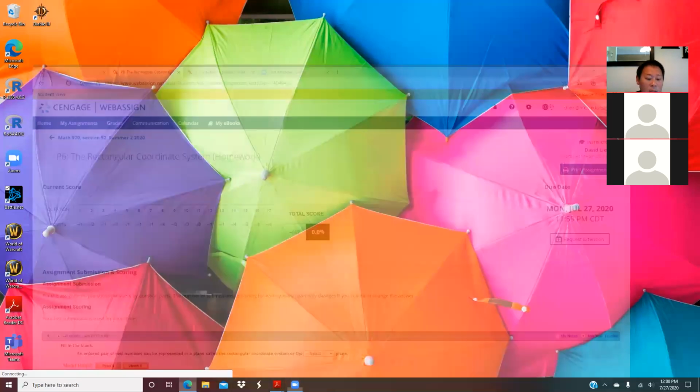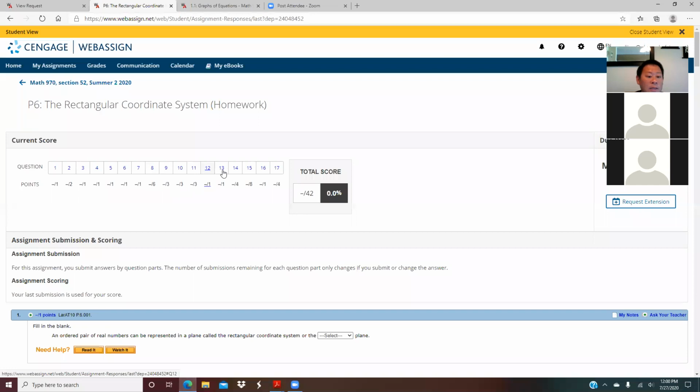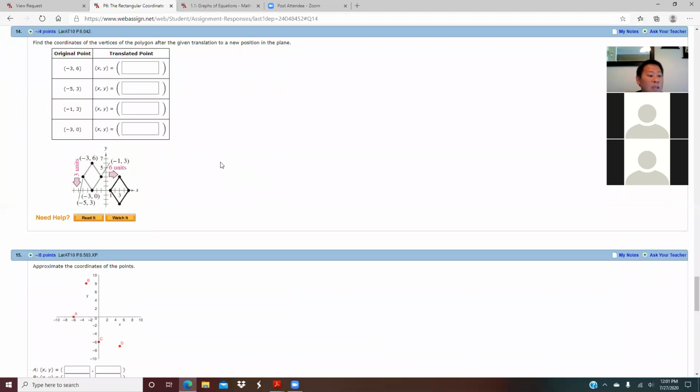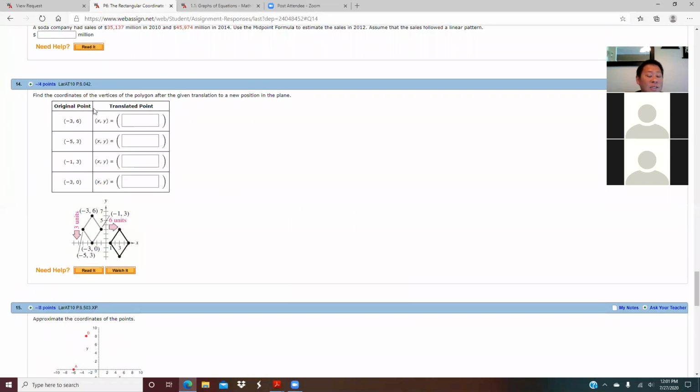So P6 question number 14. This question is telling us that your coordinates are given here and it's translated. If you can tell, it says 3 units down and 6 units to the right.